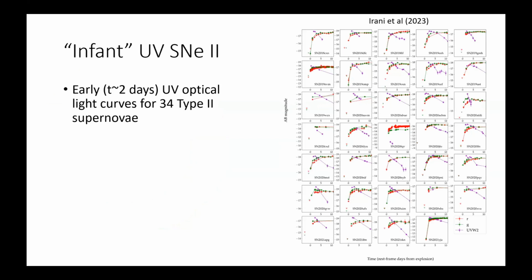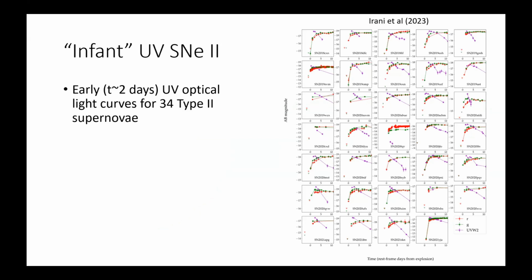What we did was to get early UV light curves for a sample of what we call infant supernovae. These are supernovae which we managed to catch very early after explosion. We see their rise very well in the optical bands from ZTF. And we managed to get there with the Swift UVOT instrument.